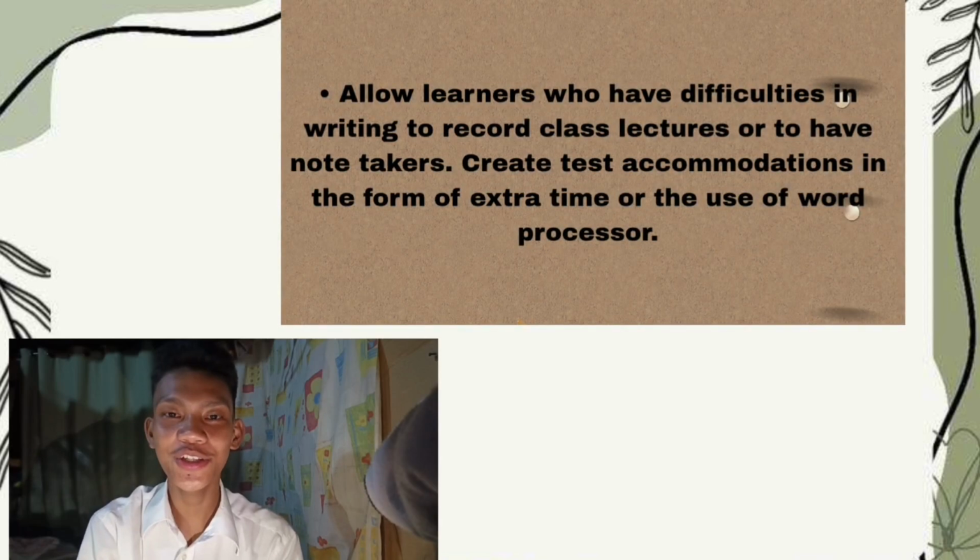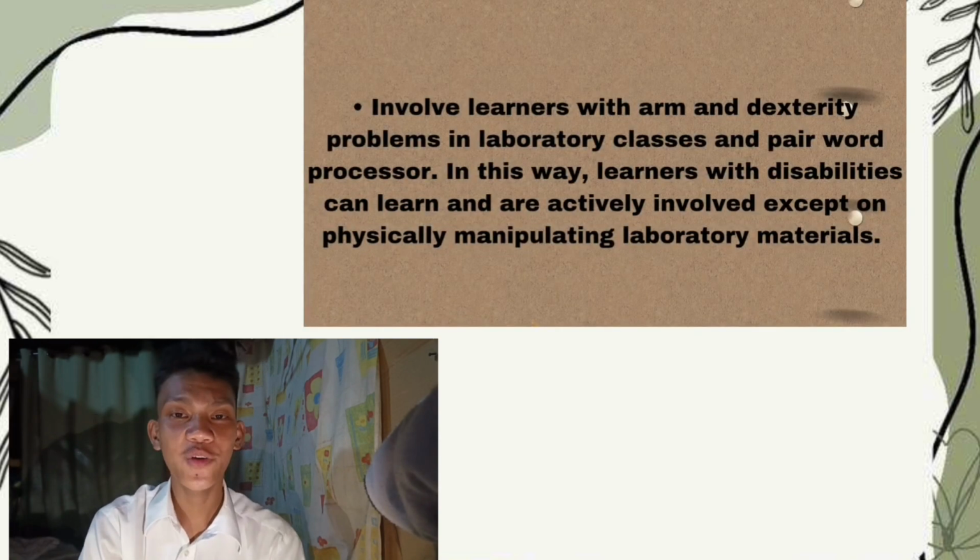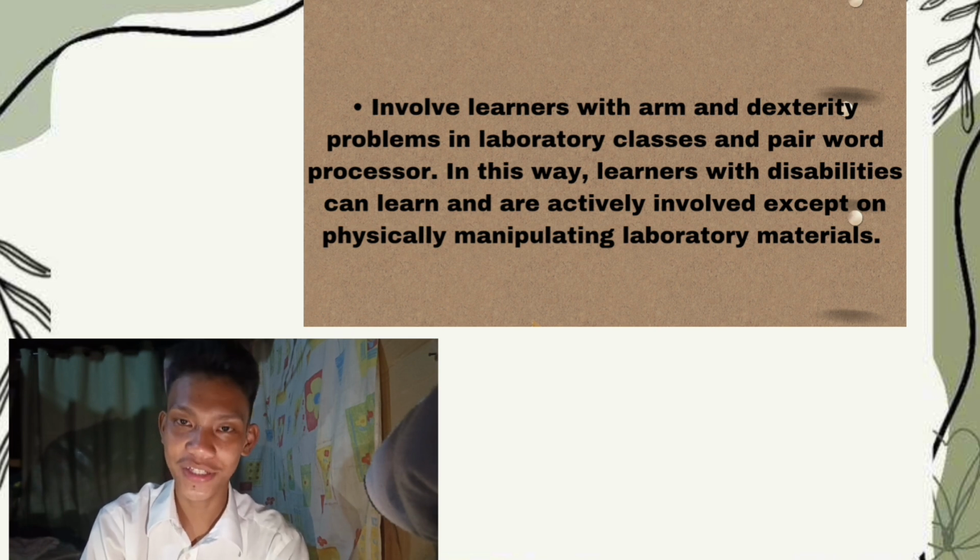Allow learners who have difficulties in writing to record class lectures or to have note takers. Create also test accommodations in the form of extra time or the use of a word processor to involve learners with arm and dexterity problems in laboratory classes, and pair them with a partner.